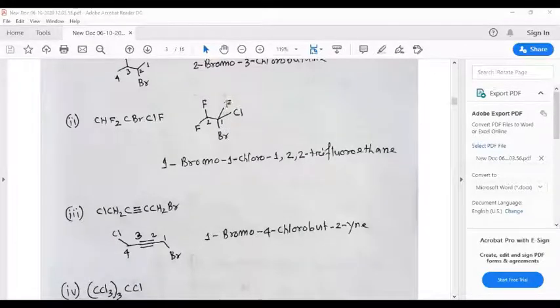So the name is 1-bromo-1-chloro-1,2,2-trifluoroethane. It's an alkyl halide and a 1 degree alkyl halide.